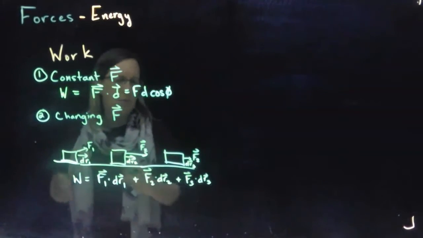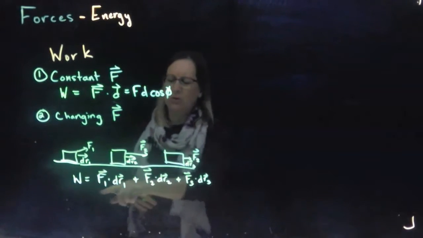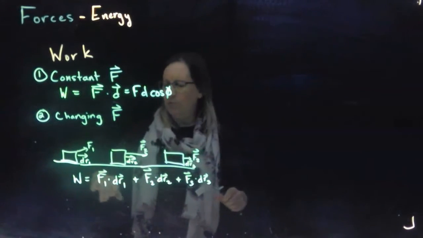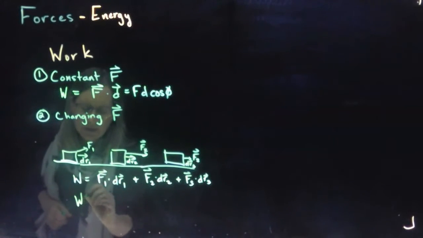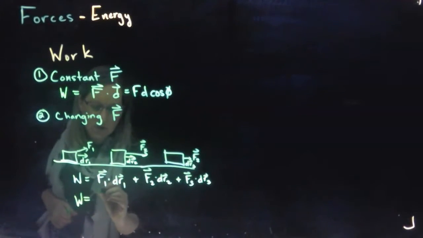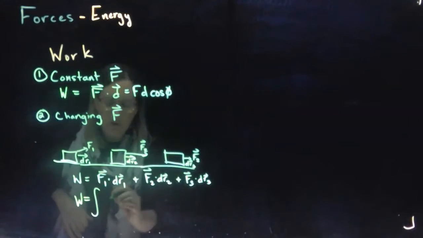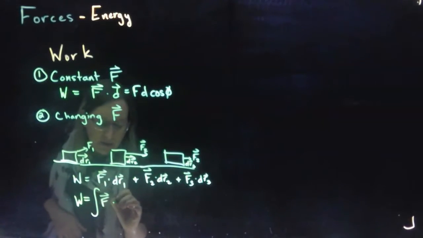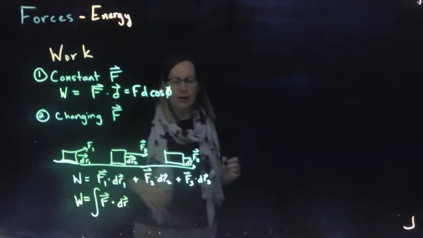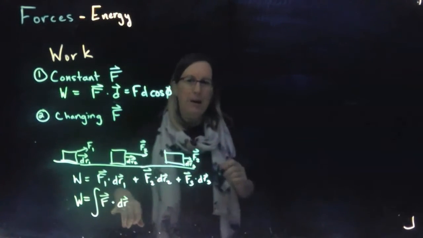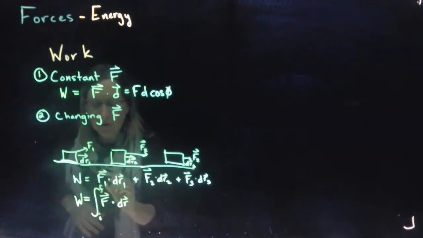This one we've got some kind of angle we have to deal with, but basically we're adding up all of these. So if we sum all of these up, but as a differential, instead of a summation sign, we do this elongated S for sum, or it's an integral of F dot dr. Okay, so this is in general a messy expression from where we go from initial to final.